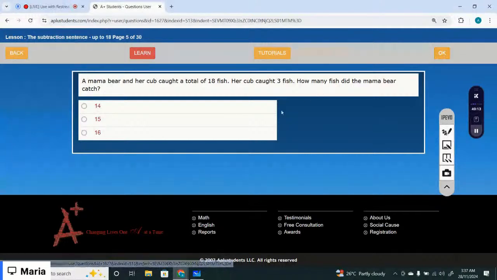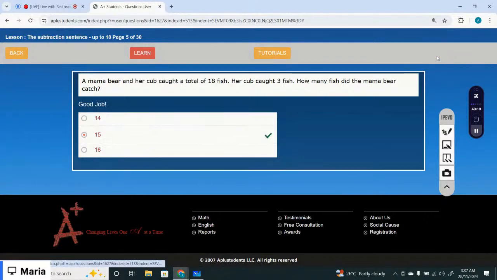That is, the total fish is 18. 18 minus 3 is 15. That means Mama Bear caught 15 fish. The correct option is 15.